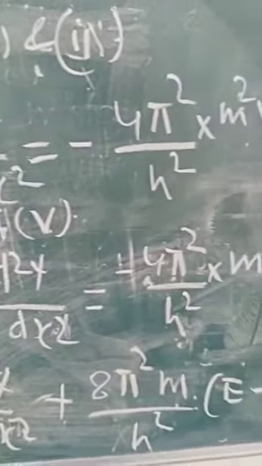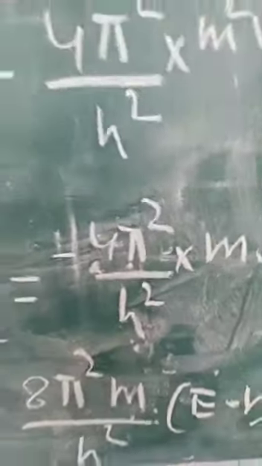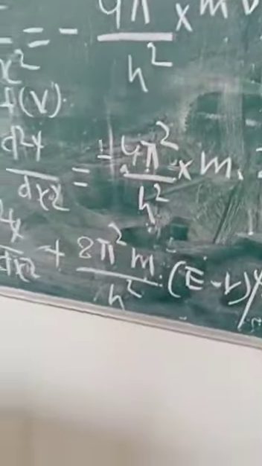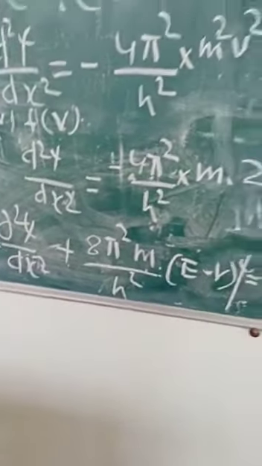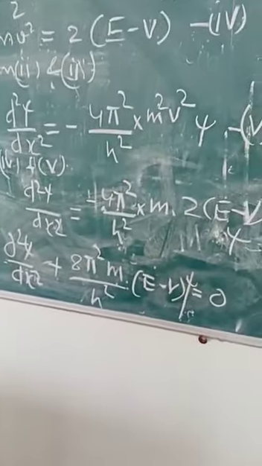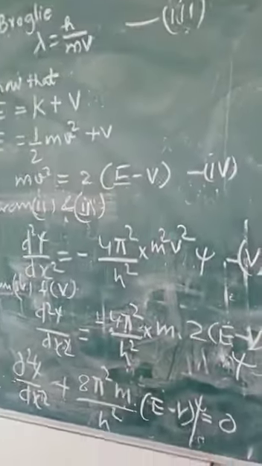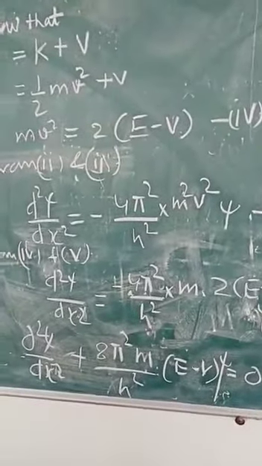Write the value of psi also. Okay, students, finally this is the Schrodinger wave equation for only the x axis.